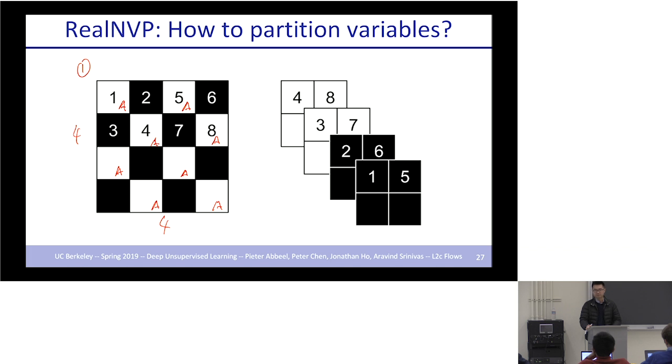And then for everything in the black pixels, you have a convolution map that operates on all the white pixels, and it gives you an affine transformation for each of the black pixels. So you're going to condition on the white pixels and then transform the black pixels.